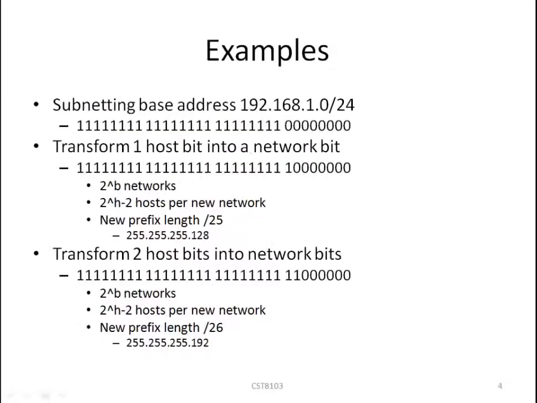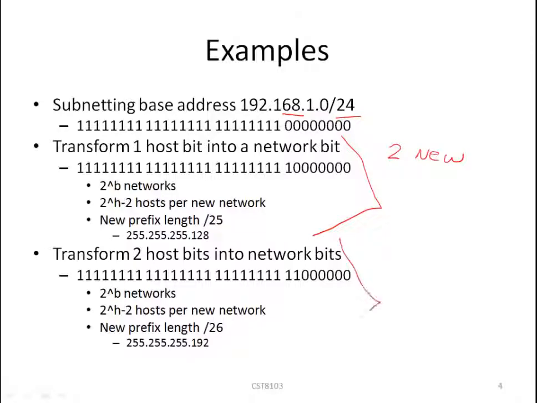Here is an example of subnetting. In this particular case, we have a base address of 192.168.1.0/24. In the first case, if we borrow, or transform, one host bit into a network bit, we've created two new networks.